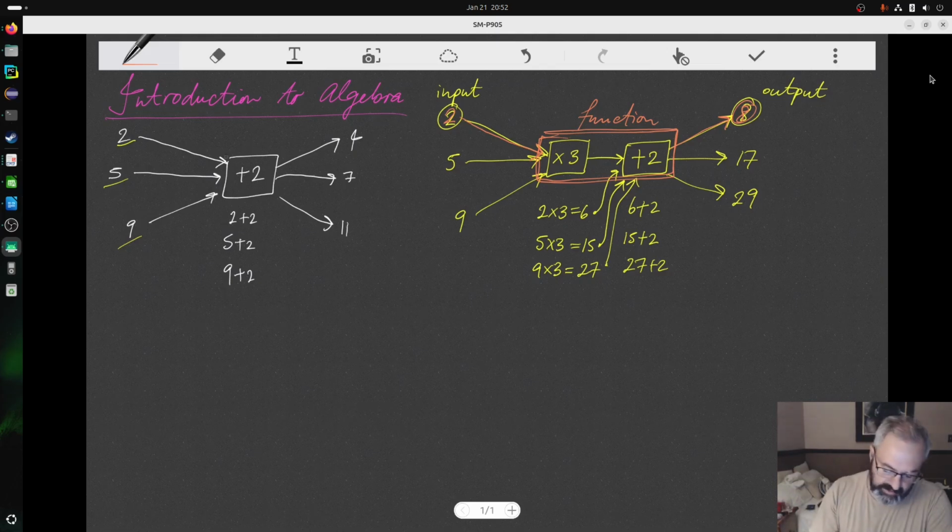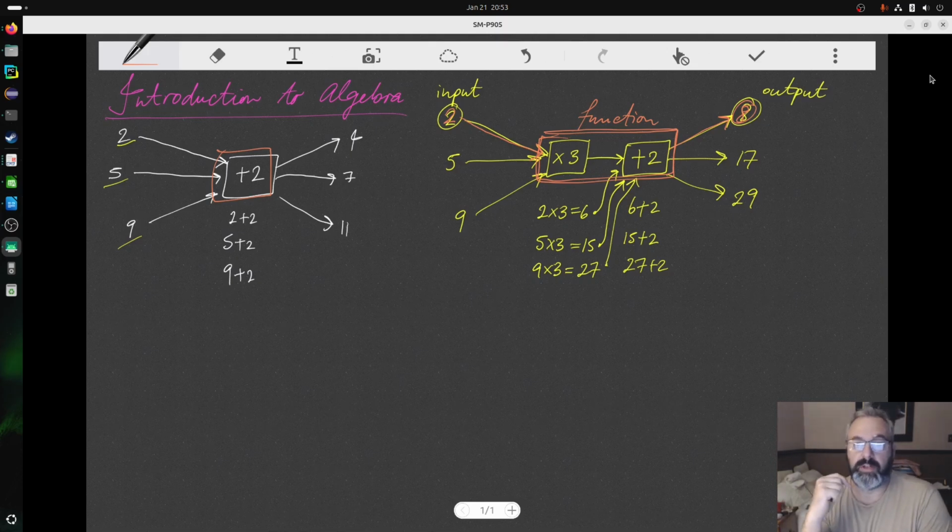In this first case, the first one we had a look at, that's also a function, and that function only contained one calculation. The second one here, this function contained 2 calculations. So the first thing that we have to notice today is the concept of a function, and we are going to use this word, a mathematical function, a lot, from here on up until the end of your schooling career, and even onwards.